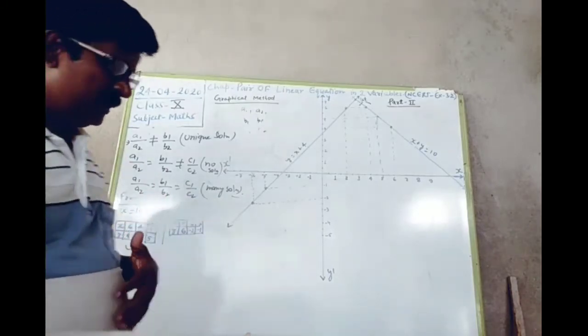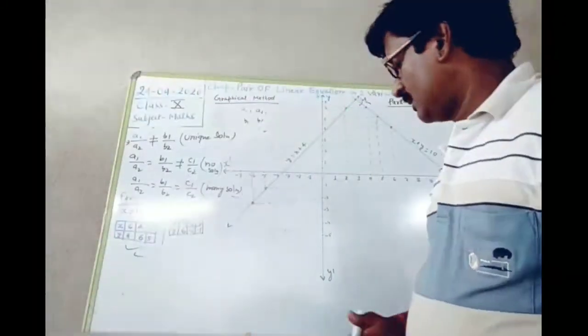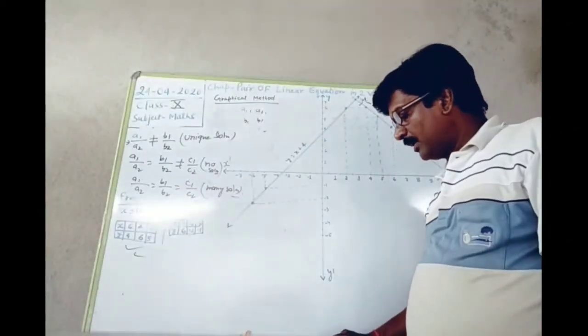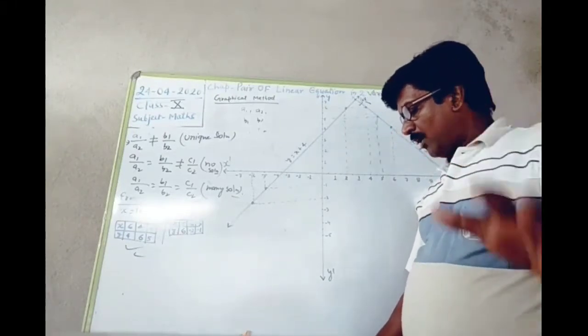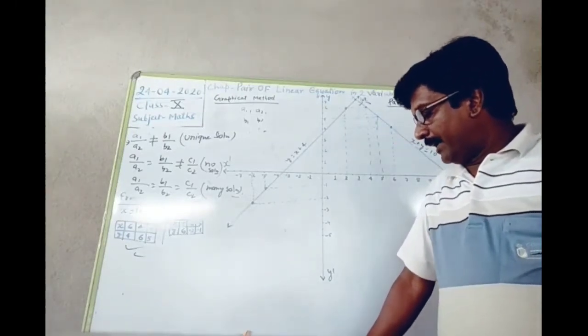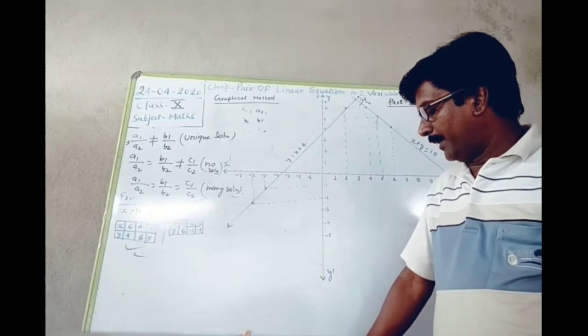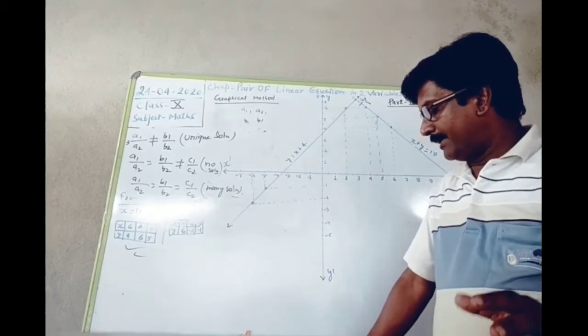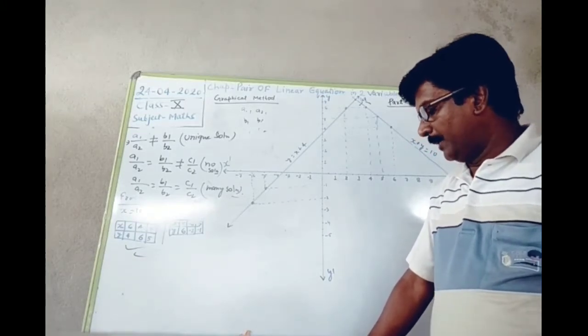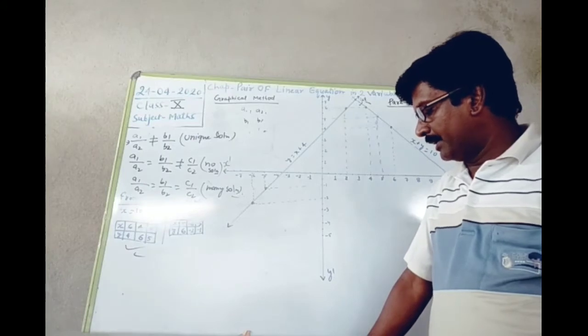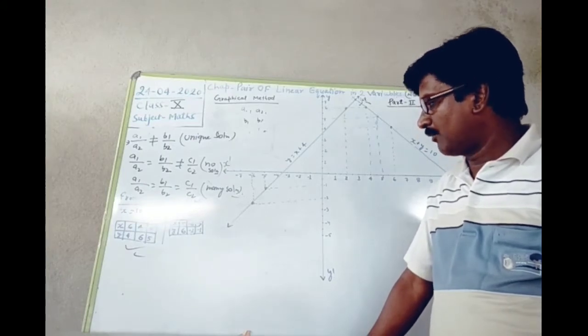But suppose questions come, just say question number 2 is given. On comparing the ratios A1 by A2, B1 by B2 and C1 by C2, find out whether the lines representing the following pair of linear equations intersect at a point, are parallel or coincident.